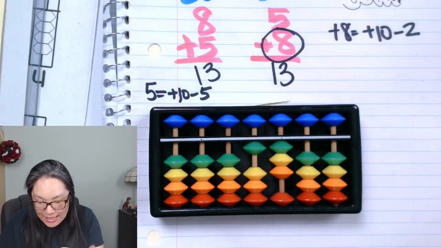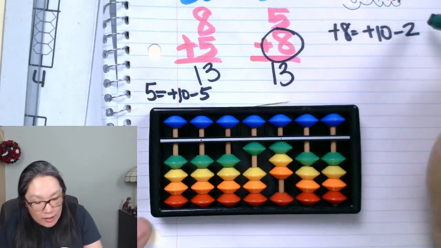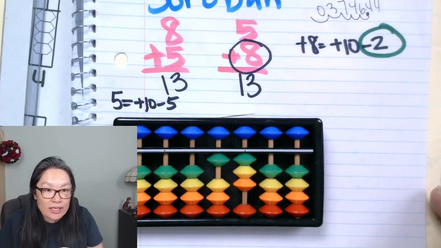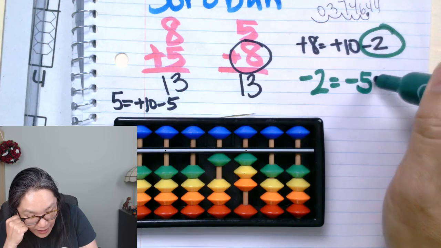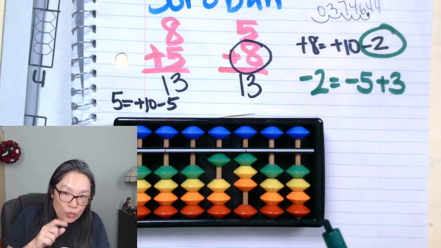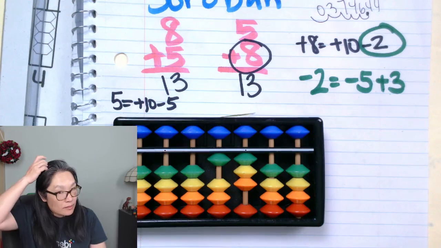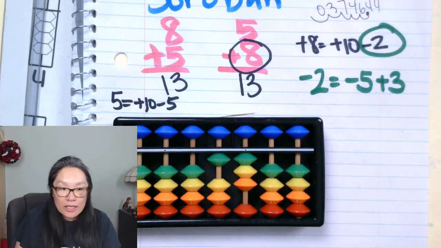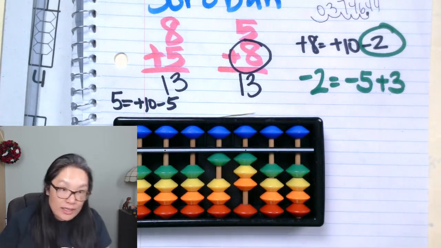That's why you have to ask these questions, because this is what made it a two-step: we need to minus the 2, which is equal to minus the 5 plus the 3. There's a lot of two-step equations. It's just another way, and you'll see it in many other ways.